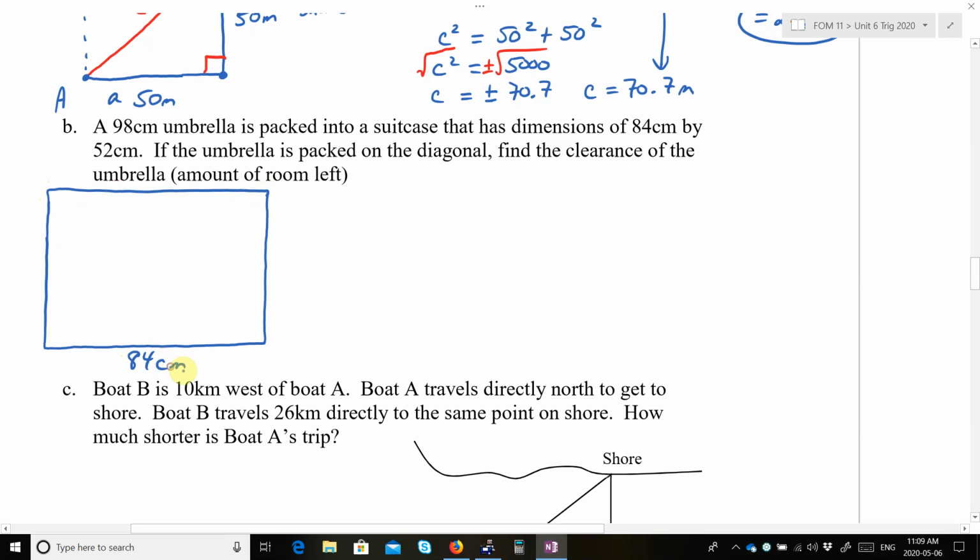It is 84 centimeters by 52 centimeters. And it says, if the umbrella is packed on the diagonal, find the clearance of the umbrella, so the amount of room left. So imagine they have like an umbrella stuffed in here.